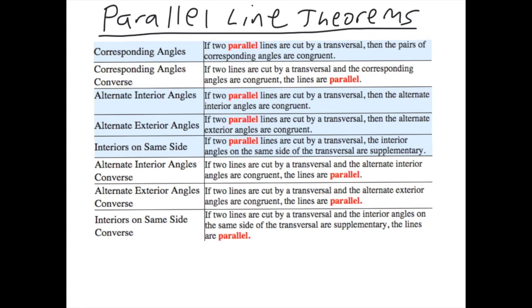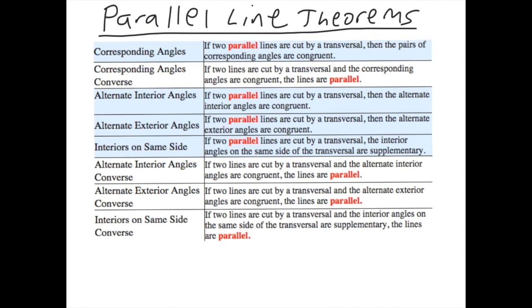Those all have their rules. The corresponding and the alternates are all congruent. The same side interiors, and it doesn't have the same side exteriors here, but that's also true, those are supplementary.